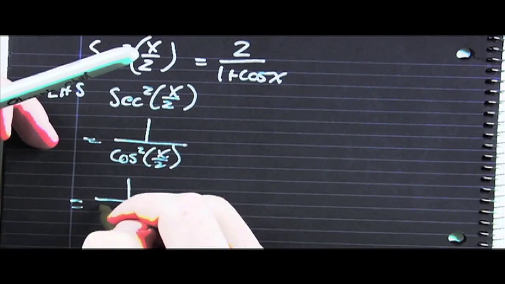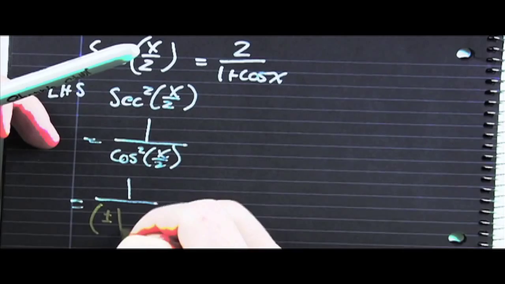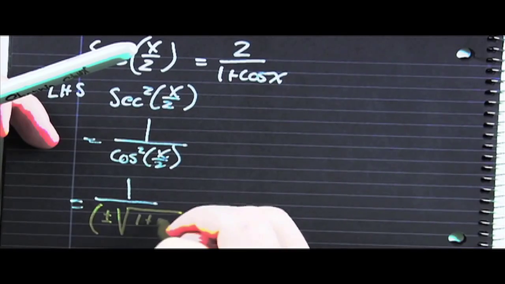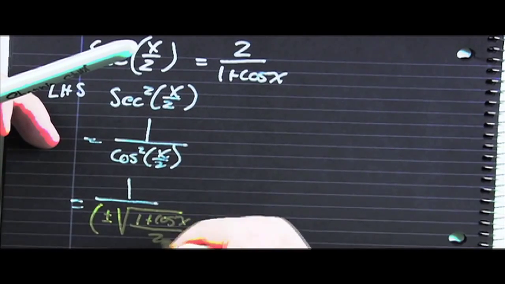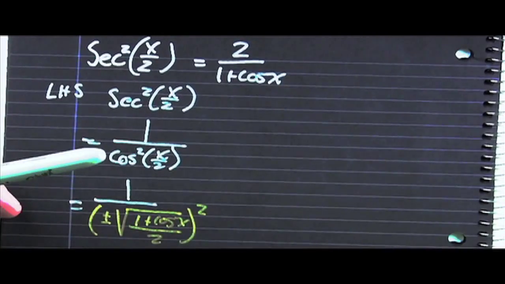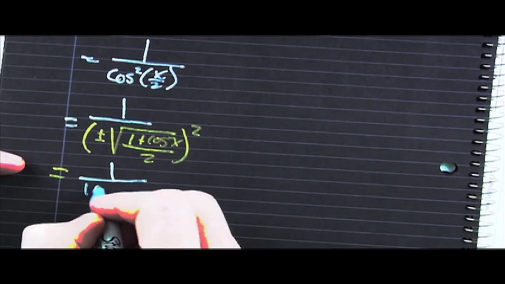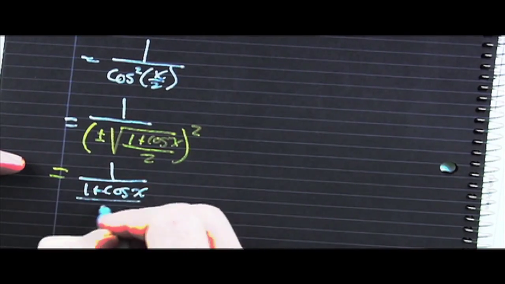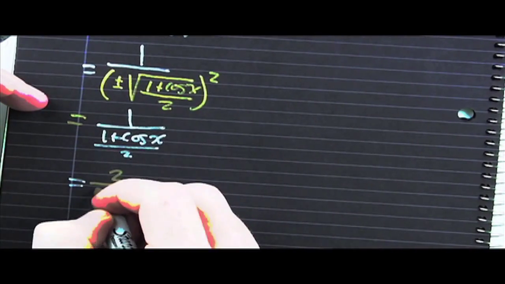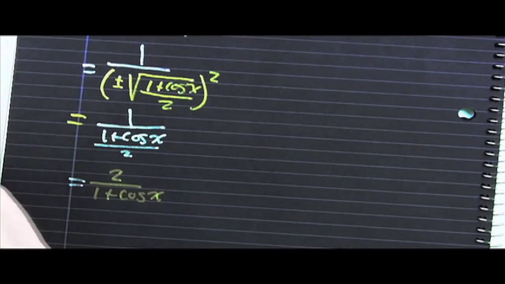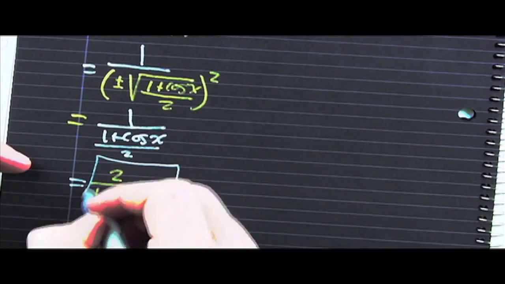But remember, cosine squared is the whole dang thing squared, 1 plus the cosine of x over 2 squared. Now, that square is going to take care of everything. So, we can get rid of that root and the plus and minus. Wonderful. And now we use the reciprocal, not the identity, the actual reciprocal. And that's the right-hand side.